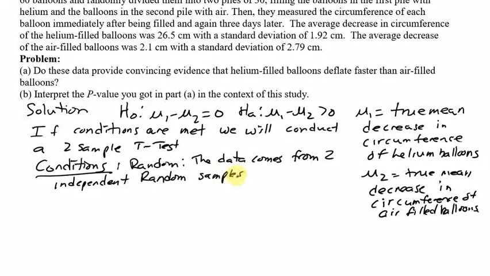Then the 10% condition: for both, 30 times 10 equals 300, which is less than all balloons.